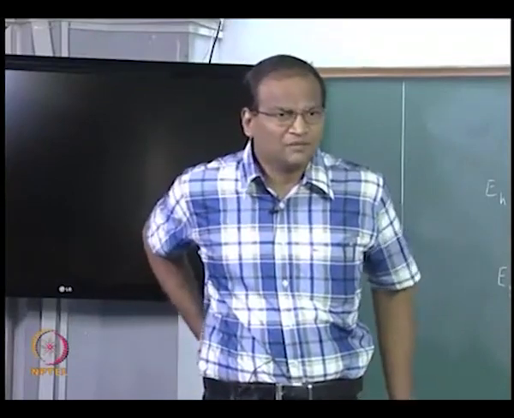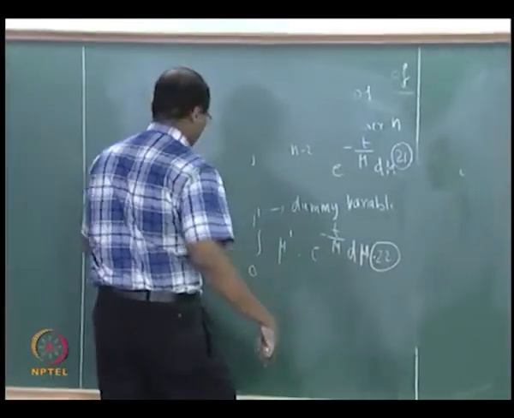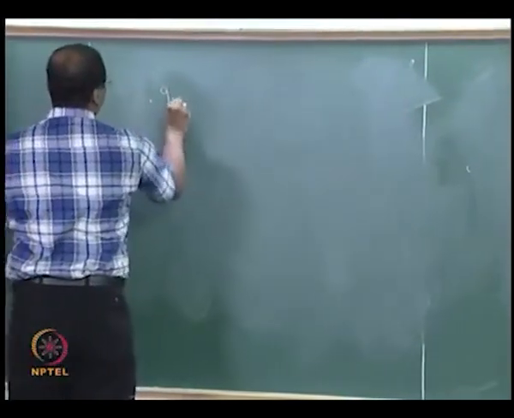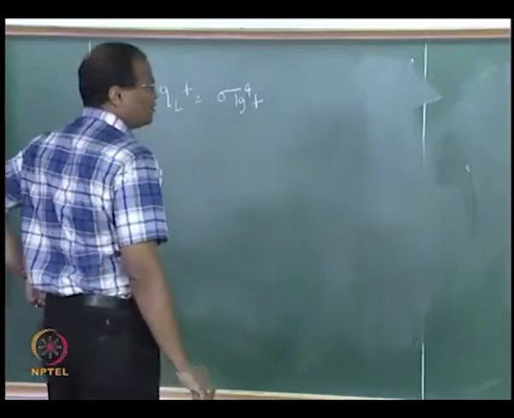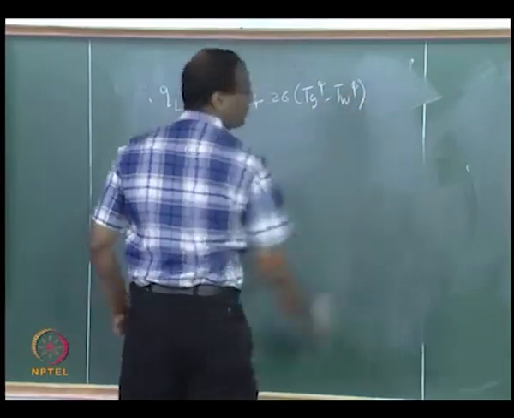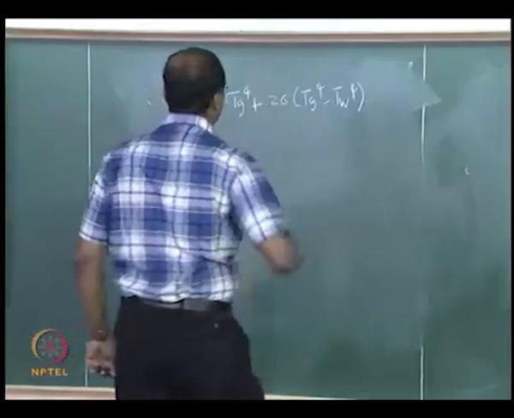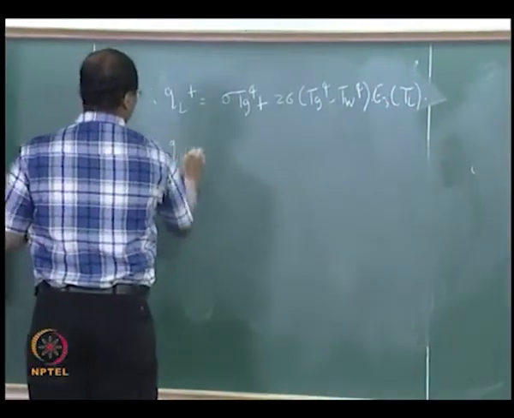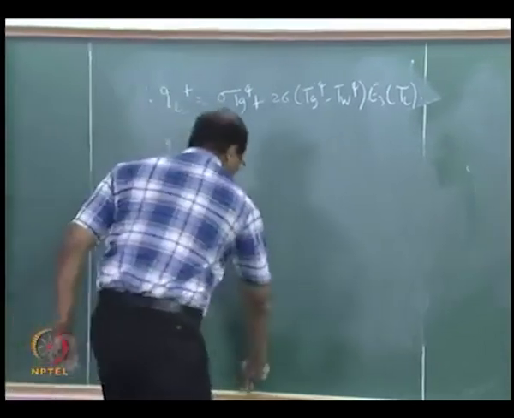Now, you can write the general expression for QL plus. Therefore, QL plus is sigma, E3 of, that is all, E3 of, correct. Oh no, I am making mistakes again and again.